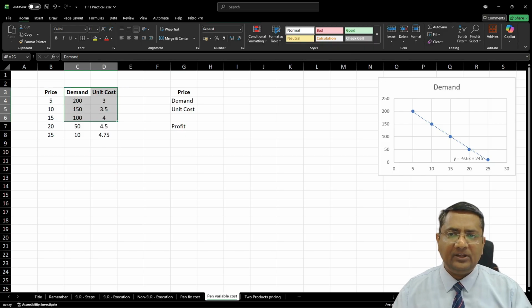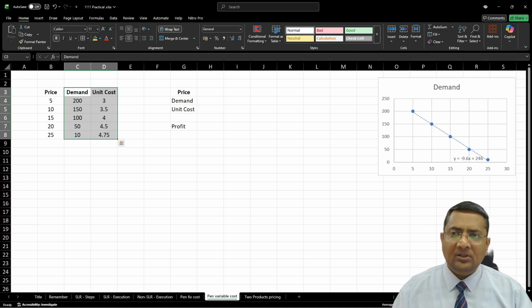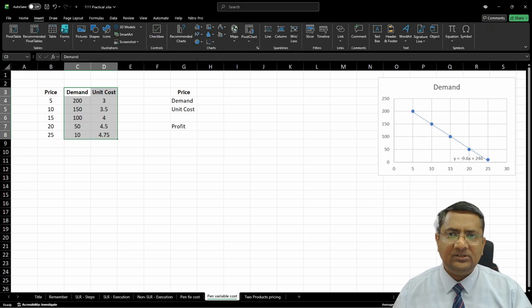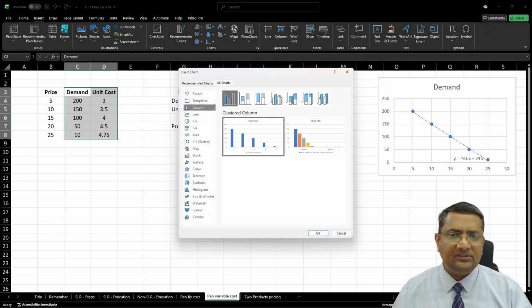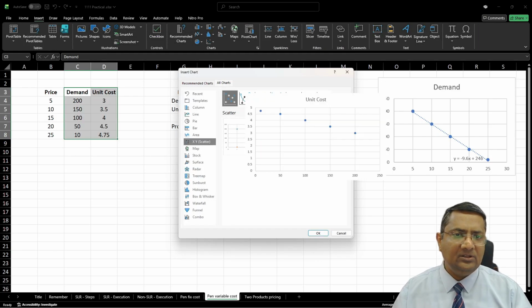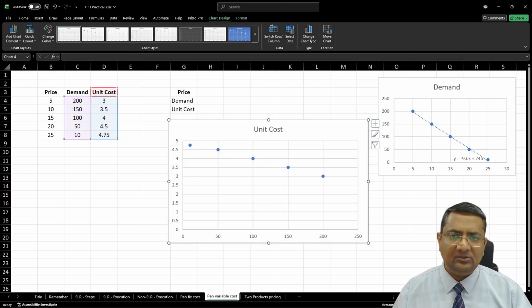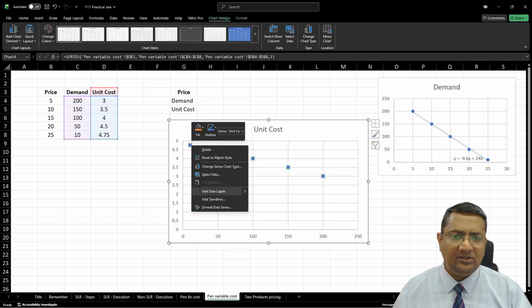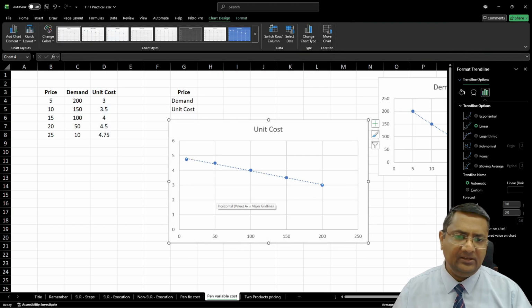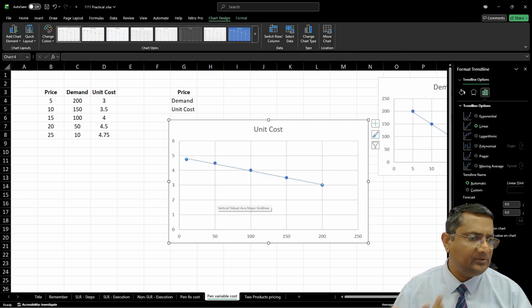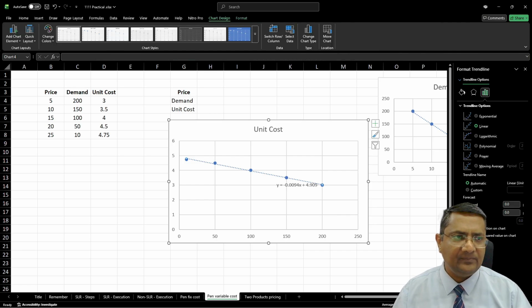Now we will try to find the relationship between demand and unit cost. So same thing. To find a relationship, let's go to insert, then charts, again XY scatter plot. Click on this dot, add a trend line, again it is linear, no problem, it's very good. Let's go to display equation on the chart. We got the equation.